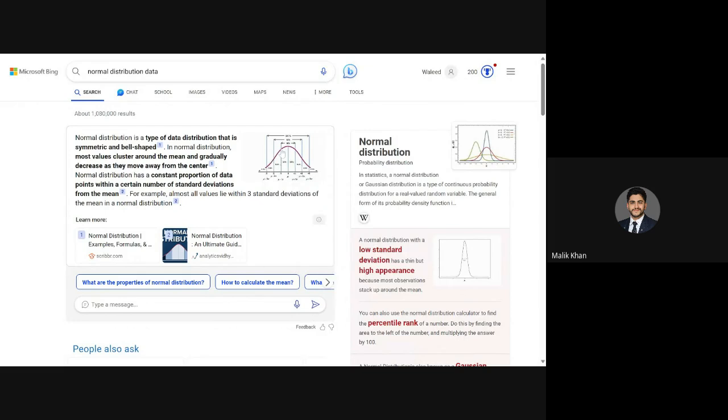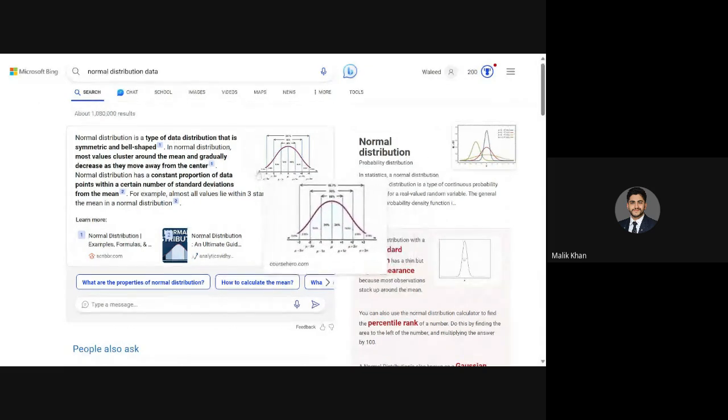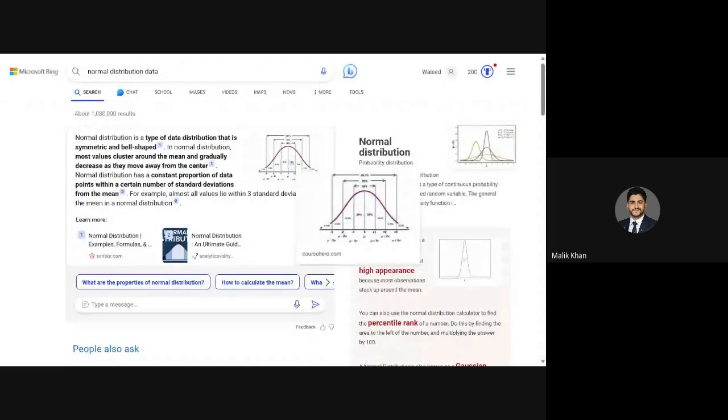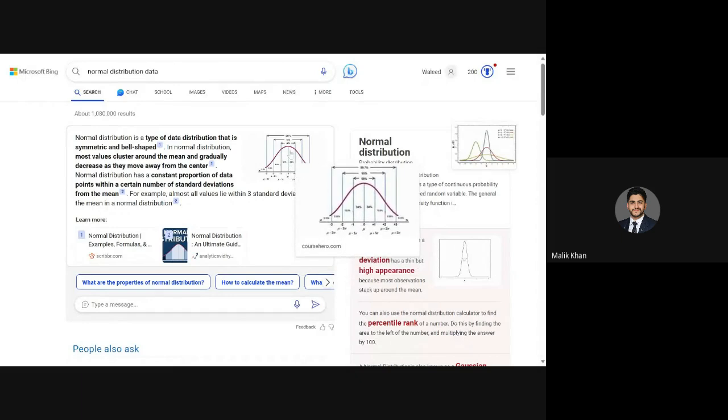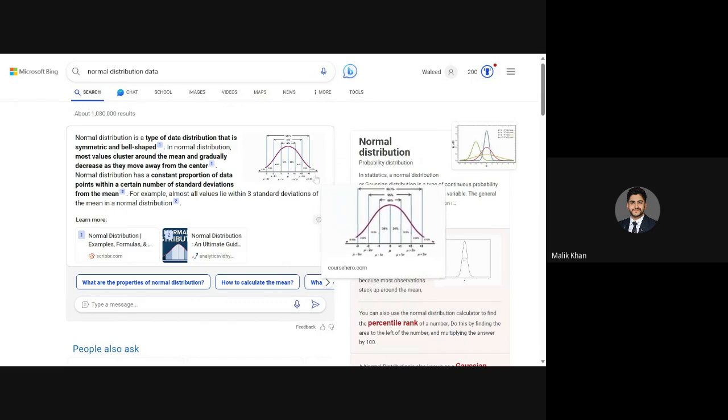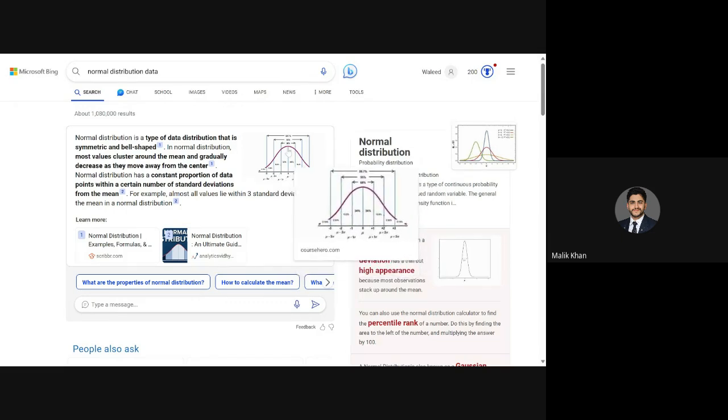So this is a normal distribution. This is the histogram. If you make a histogram of, let's say, age, and a lot of people have an age of 50, let's say it starts from 0 and goes to 100, and 50 is in the middle.